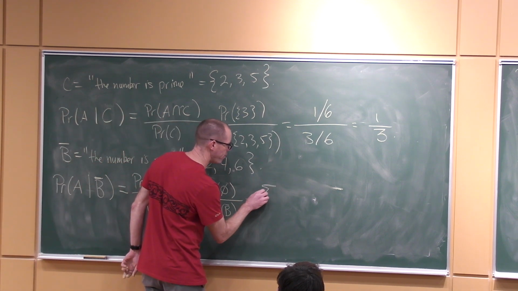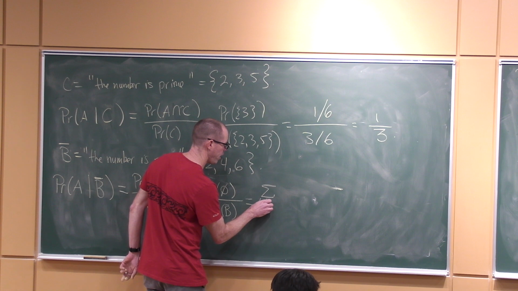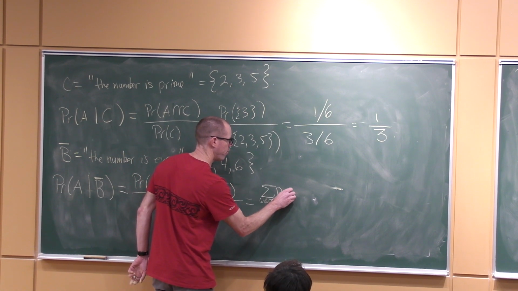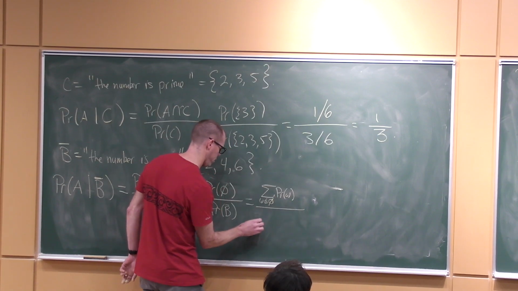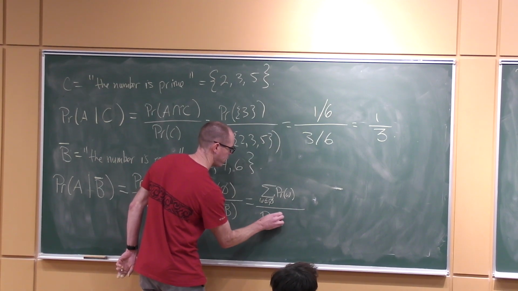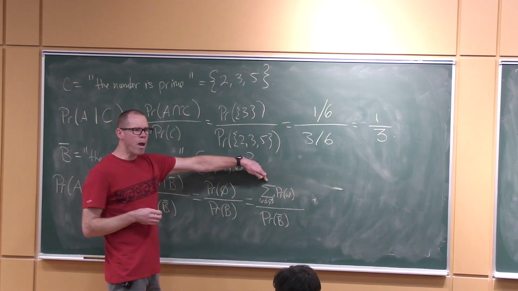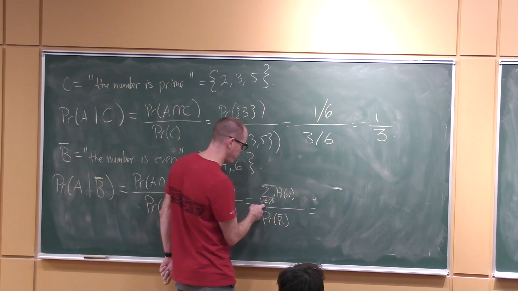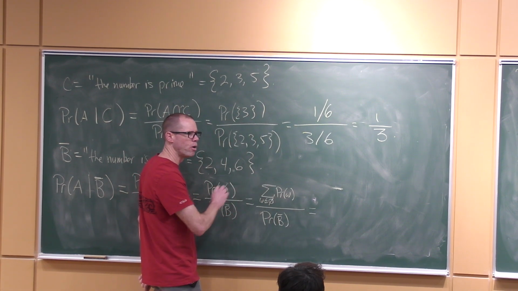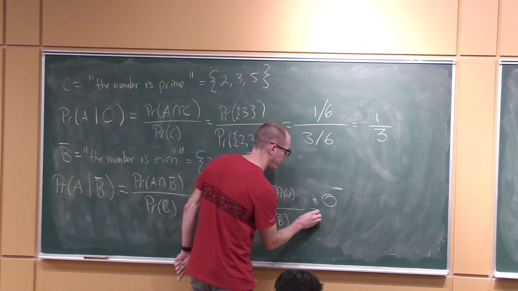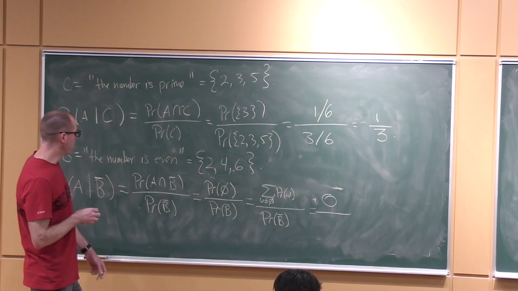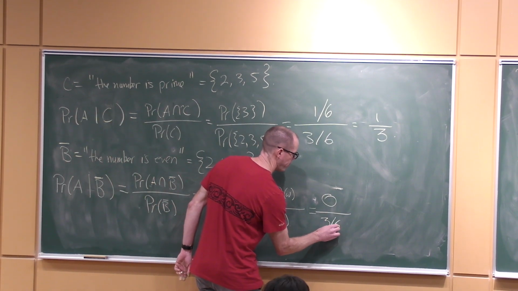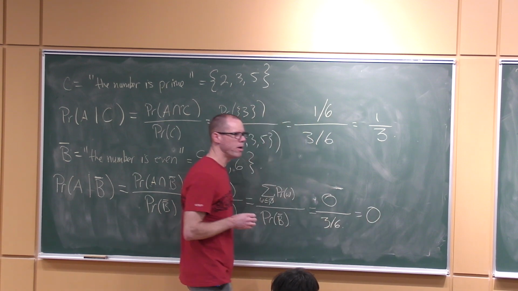If we want, we can go all the way back to the definitions. You take each element in the empty set and you add up its probability. There's nothing in the empty set, so this is an empty sum. It has no terms at all, so it's 0. The probability of B bar is 3 out of 6, but that doesn't really matter because the result is still 0.